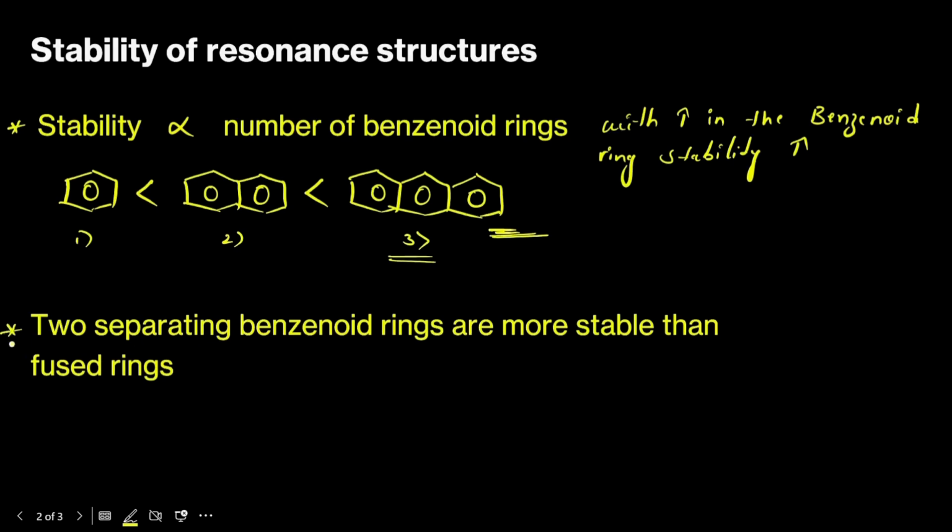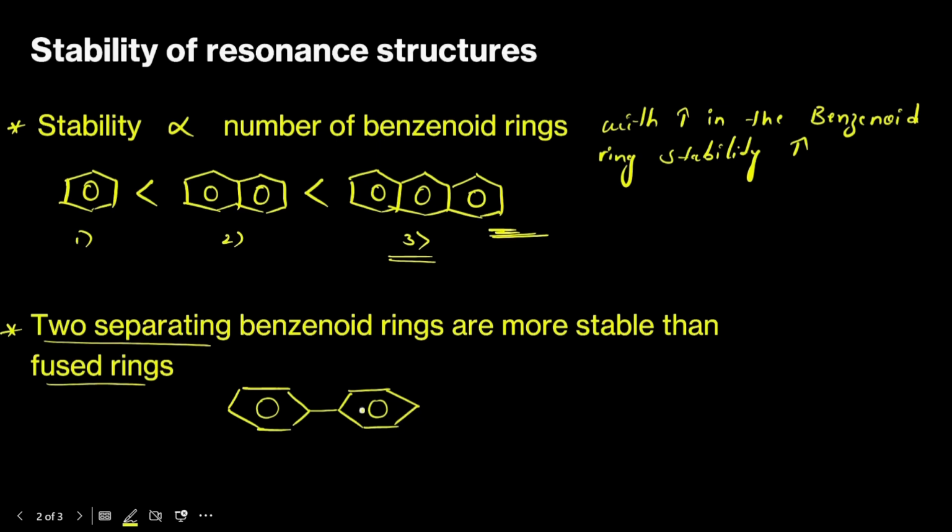Coming to the next one, separating benzenoid rings are more stable than fused rings. For example, this is separating benzenoid rings. These two benzene rings are separated by a carbon-carbon single bond.